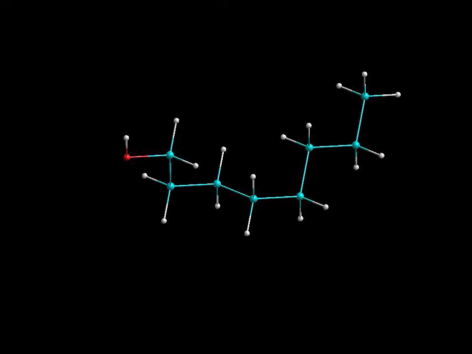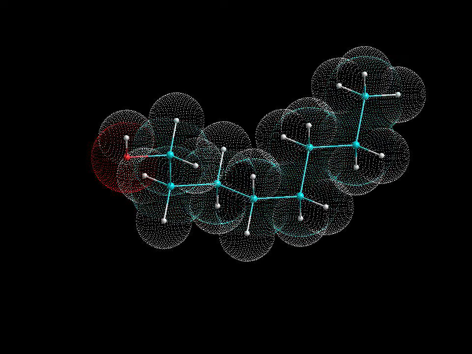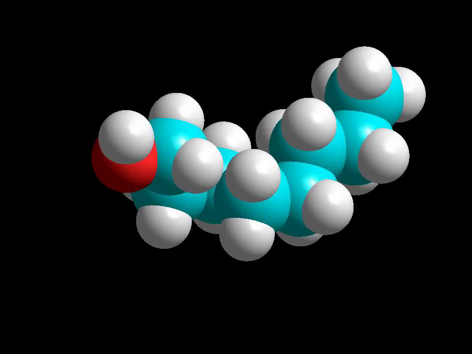Here you see a molecule with 8 carbon atoms forming a chain, and there is an OH hydroxyl group at the very end. The second important thing here is that these chemical bonds, the covalent bonds between the carbon atoms, are sigma bonds.